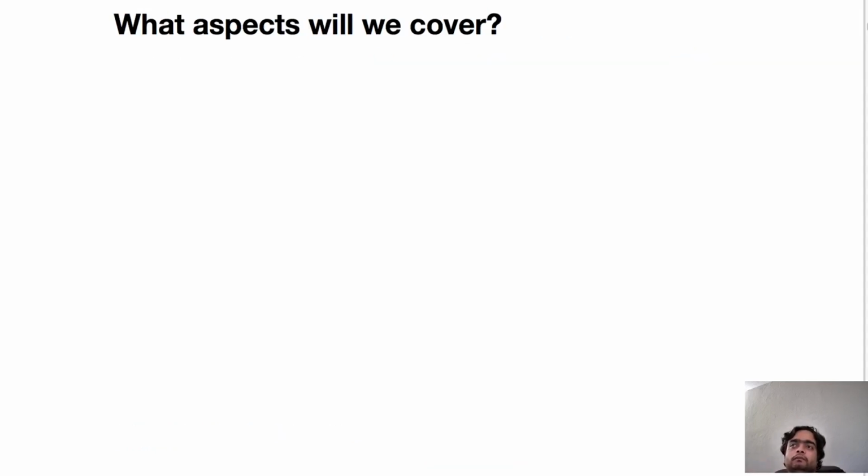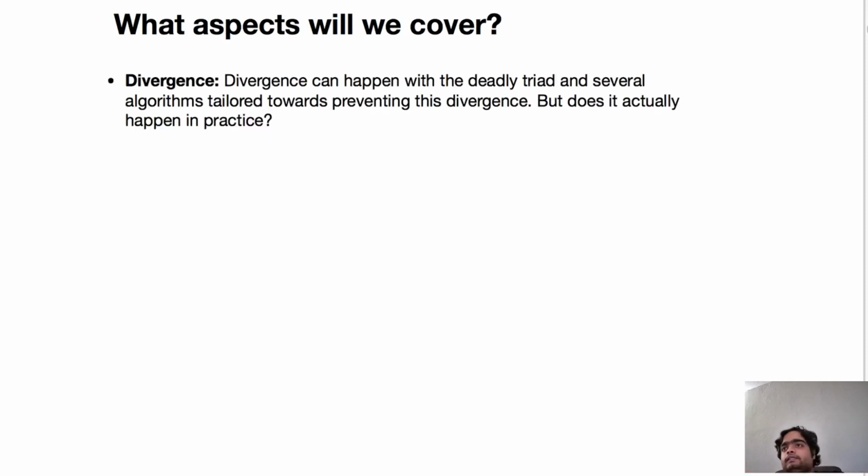What all aspects will we cover today with regards to moving from the Q learning that has been studied in theory to deep Q learning in practice? We'll cover three aspects. The first aspect, which we looked at briefly, is divergence. Divergence can happen when the deadly triad is satisfied, and a lot of counterexamples have been developed where Q learning actually diverges.